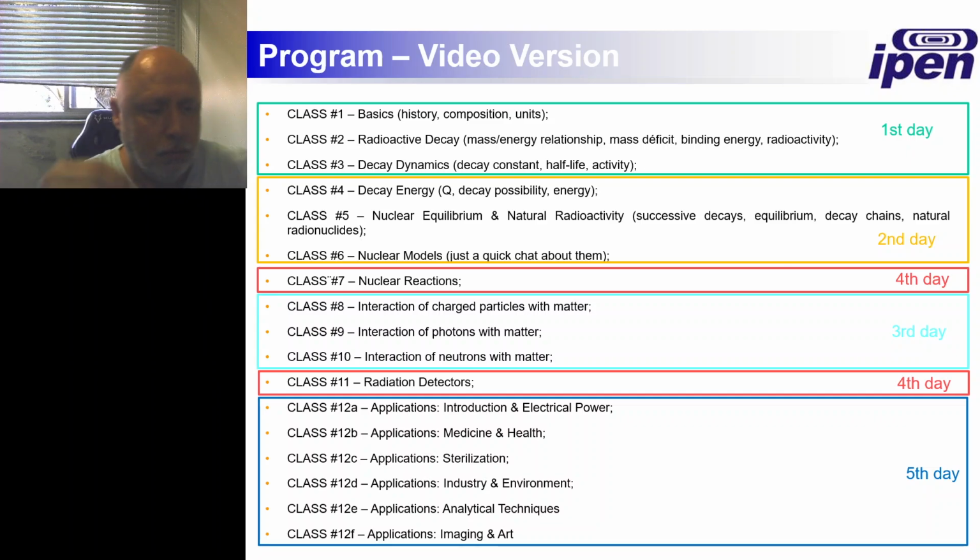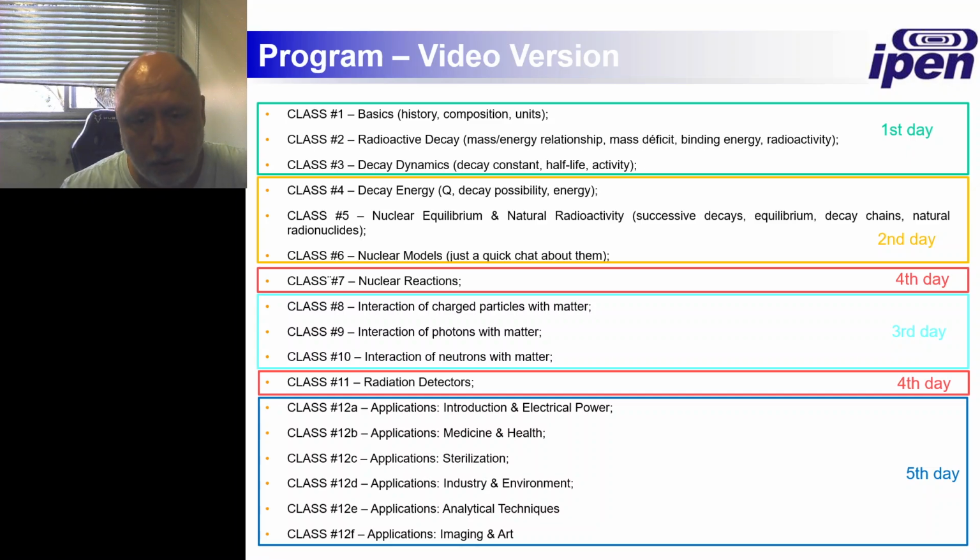Finally, on the second to last, we talk about analytical techniques, how we can use nuclear physics, radiation and nuclear reactions to determine the composition of things, right? And finally, on the last class, we talk about the applications in imaging and art, because there are plenty too.